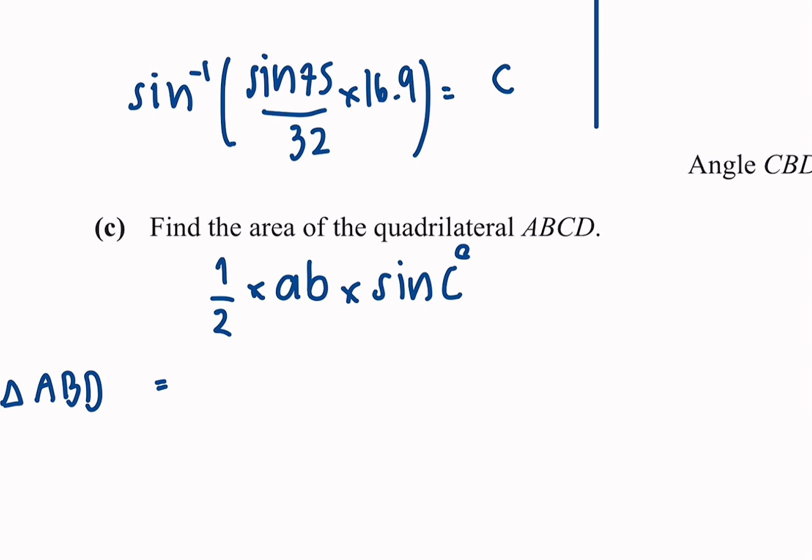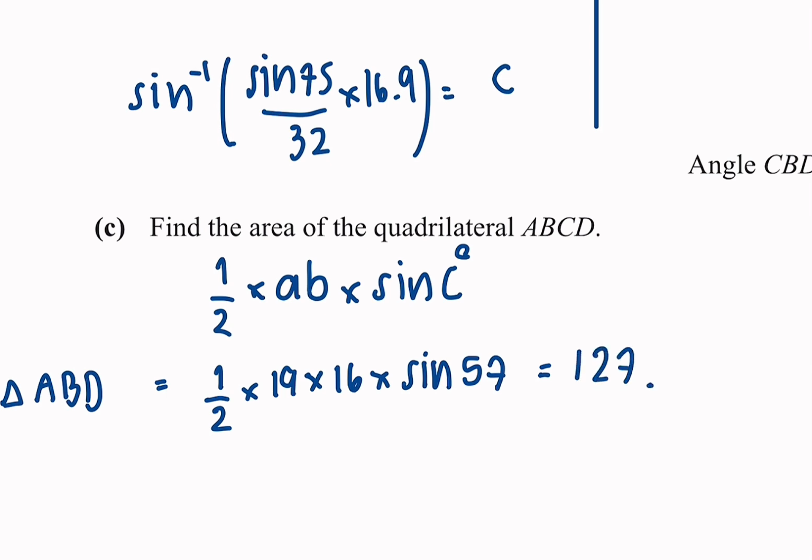The area of triangle ABD is equal to 1/2 multiply 19 multiply 16 and then multiply sine 57, which is equal to 127.478.